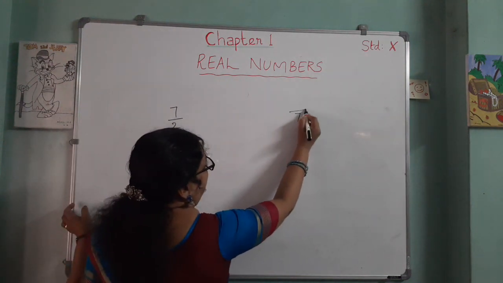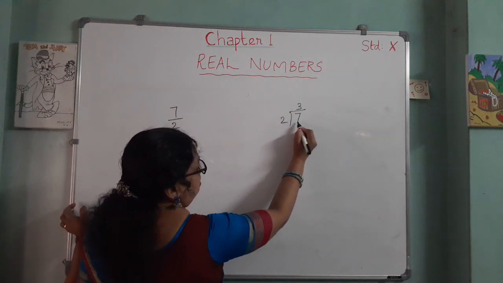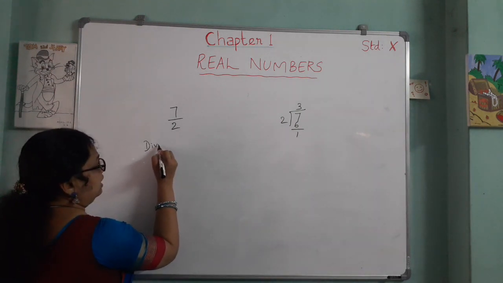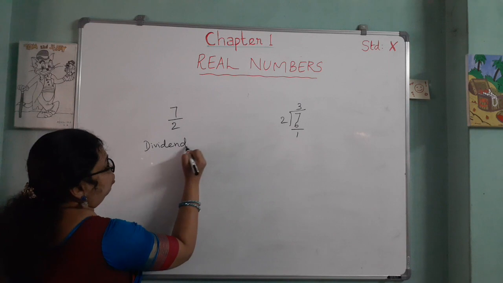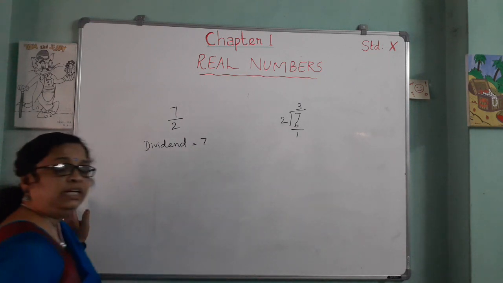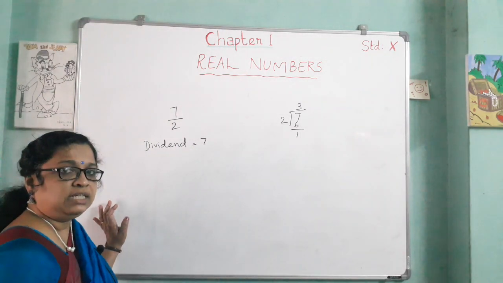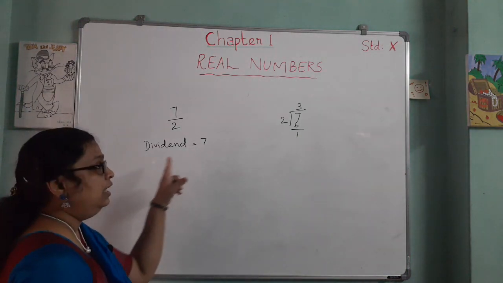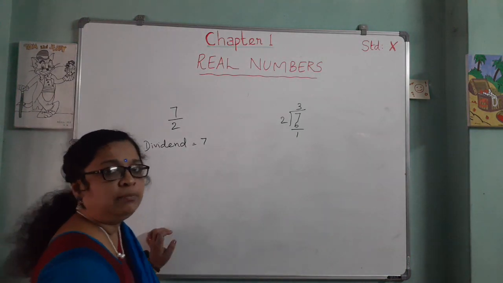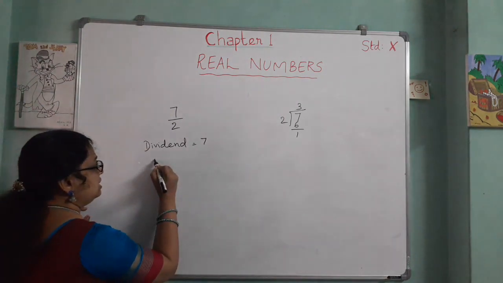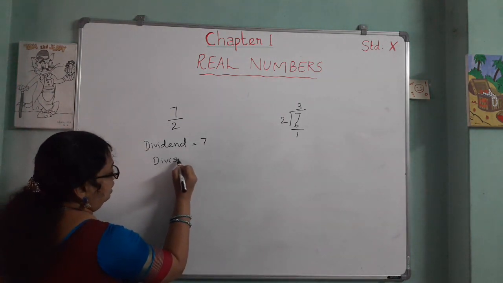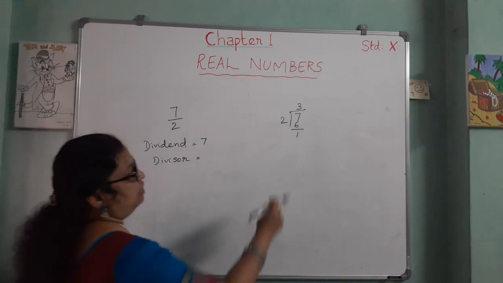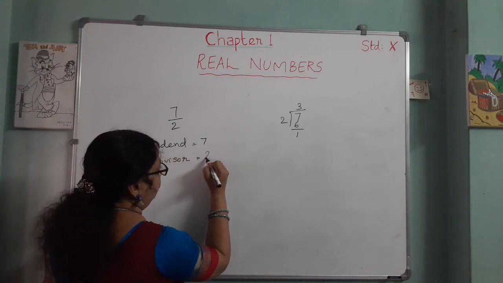Then 7 divided by 2, 3 times 6, remainder 1. So we can write dividend equal to 7. What do we mean by dividend? Dividend means the number to be divided. In a division, the largest number is the dividend. Then next, divisor. Divisor means the number that divides. That is here 2.